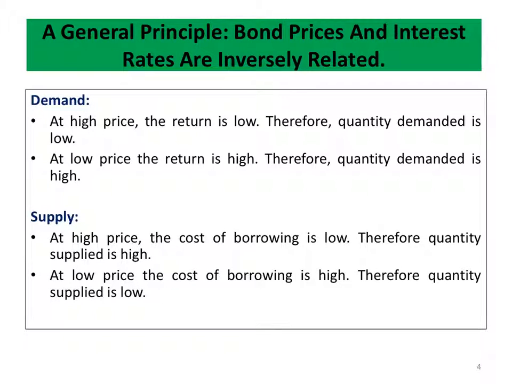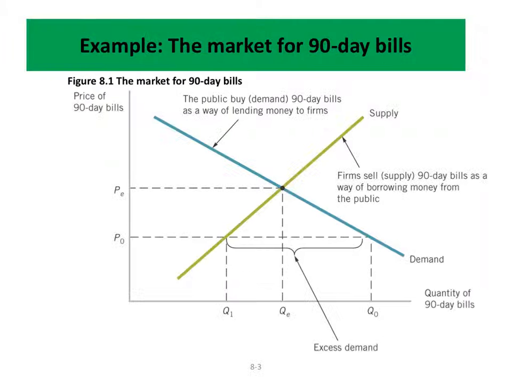It follows then that the lower the price, the higher is the cost of borrowing, and therefore the lower is the quantity supplied. Let's use the 90-day Treasury bill as an example of a bond.